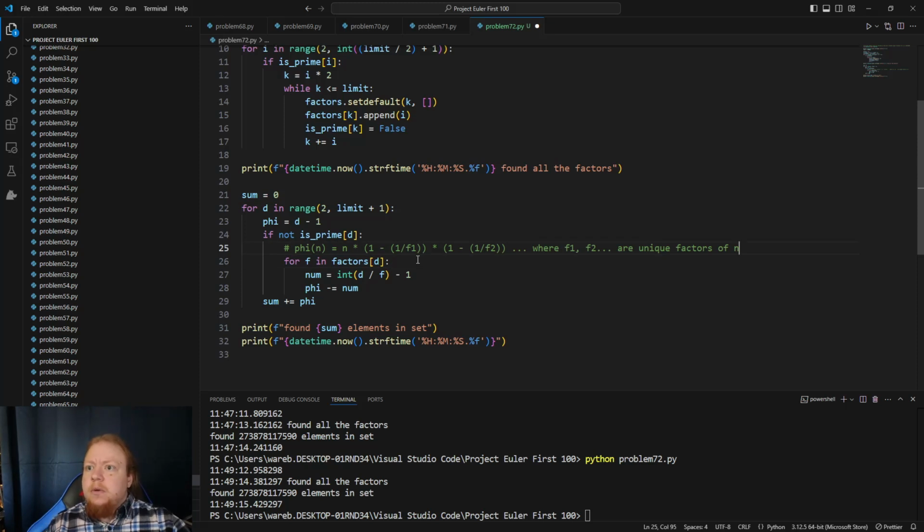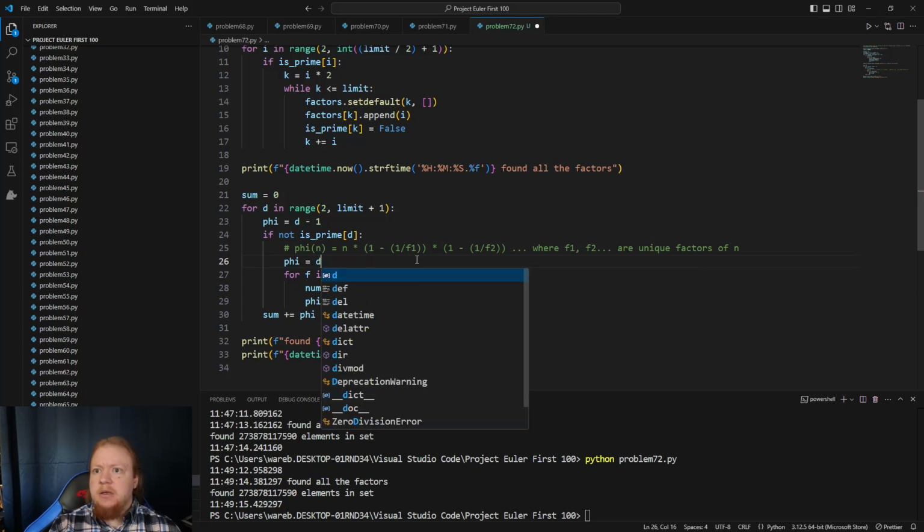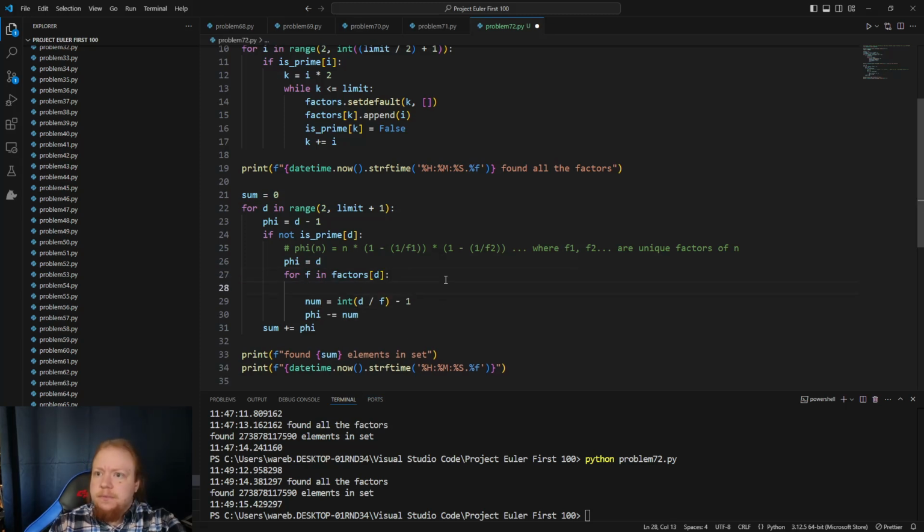So in this case, we want to set phi equal to d, and then m for multiply.